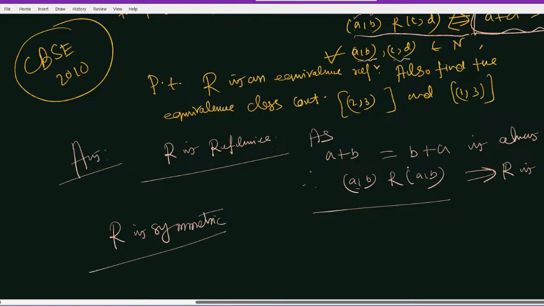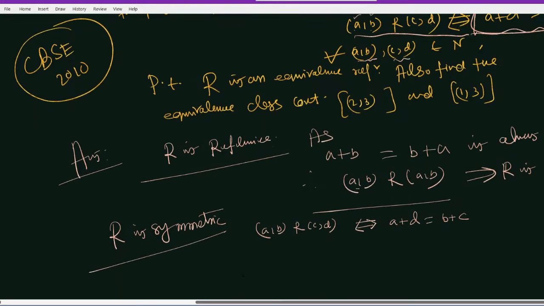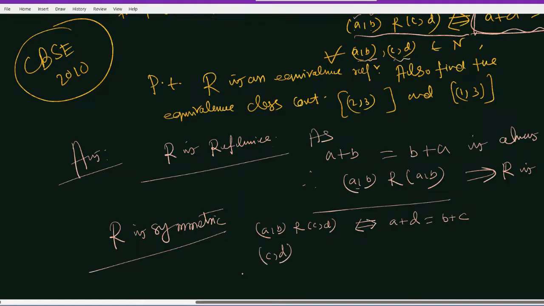R is symmetric. How do you prove this? ABRCD means CDRAB. ABRCD means what? A plus D equals B plus C. CDRAB is what?